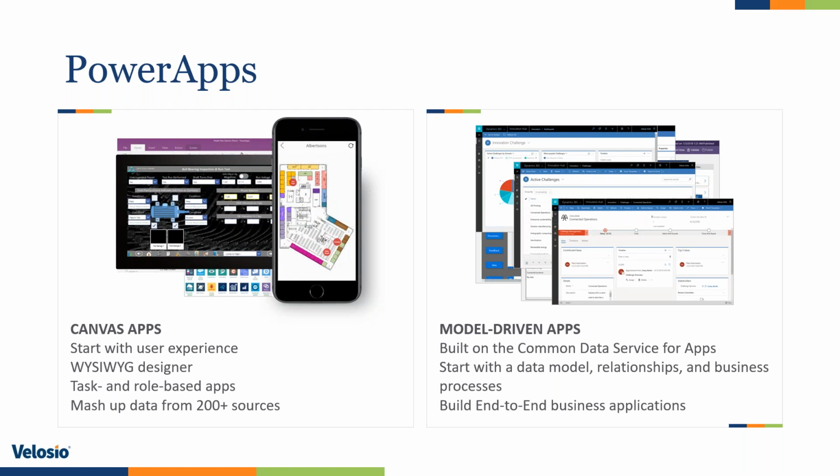It is really focused on building your data model, and then you can model those relationships and business processes. These applications are more robust and can support end-to-end enterprise scenarios that might have multiple different teams all working in one application potentially.